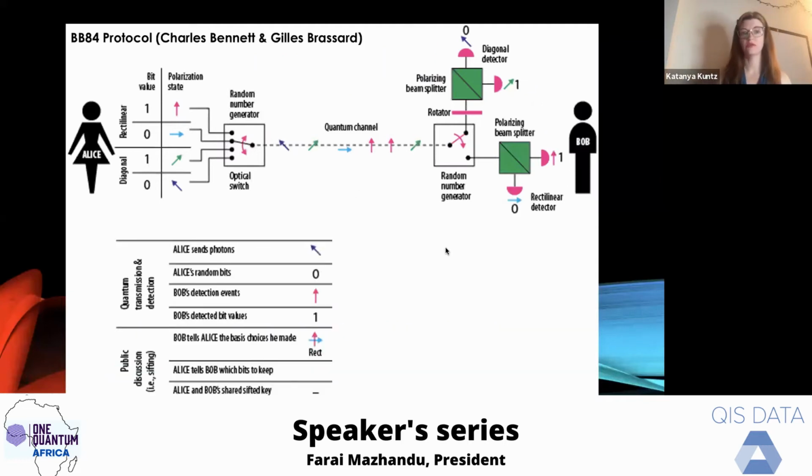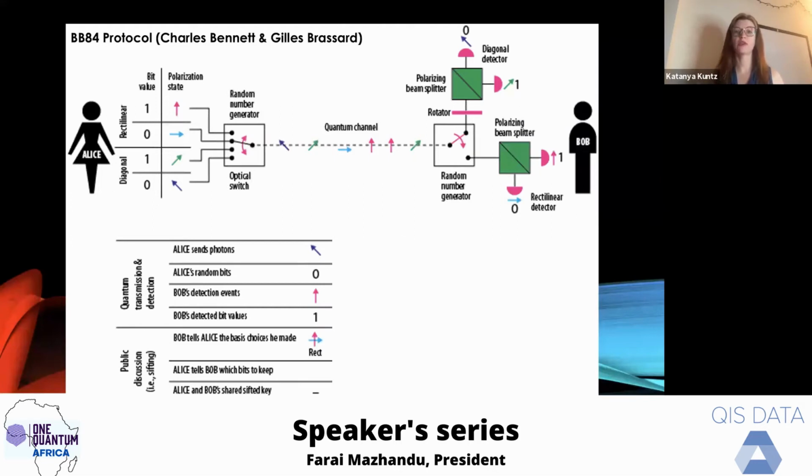So what I want to do is step through this protocol and see what happens. So if Alice was to start off by sending this diagonal for a 0, but then Bob, because it's random, ends up choosing, quote unquote, the wrong basis to measure in, because Bob doesn't know what basis Alice was sending in, and that's on purpose.